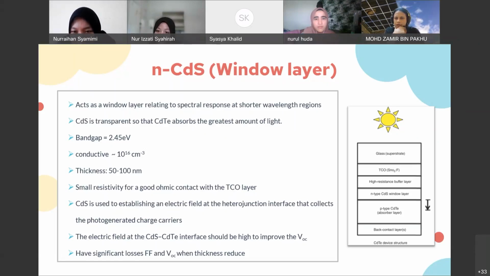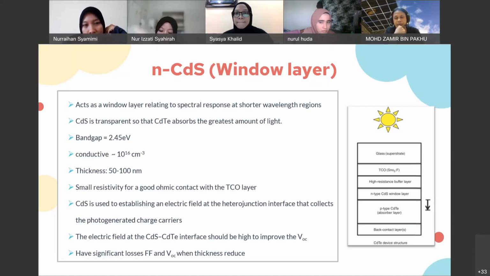Okay, I got an easy question, Darwina. Is there any material other than cadmium sulfide being tested for the window layer or for any other purposes? To replace cadmium sulfide specifically in the solar panel?